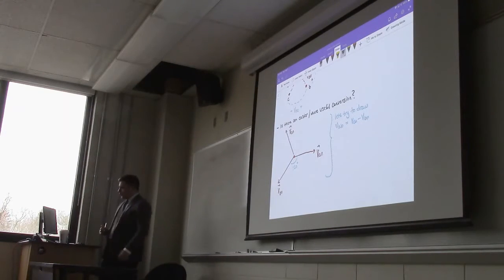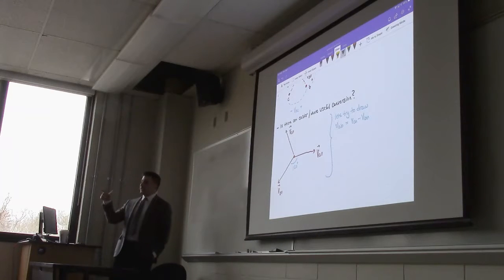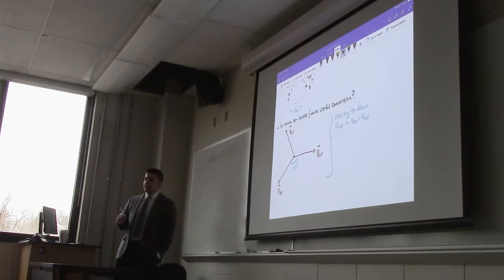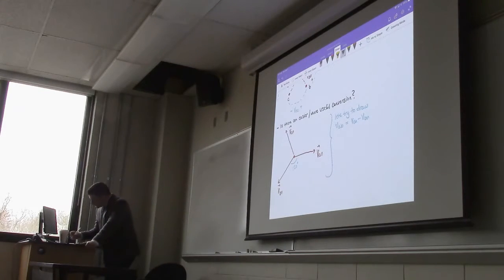So the next step in doing this is we need to figure out what is the vector minus VBN, right? Because it's easier to sum vectors together than it is to subtract. So let's draw negative VBN, which is just going to be VBN flipped by 180 degrees, right? So this over here is minus VBN.